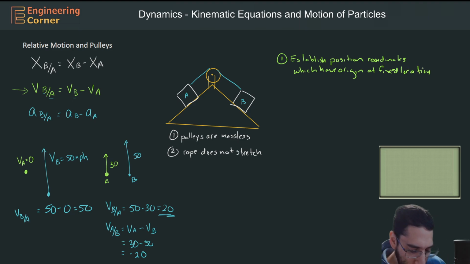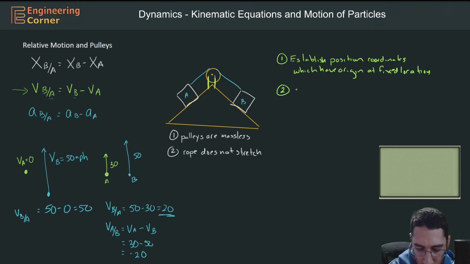In this case, we have a pulley which is mounted on this incline, so the pulley is fixed. So step two: we want to dimension everything from this pulley because that is the only fixed point that we have.